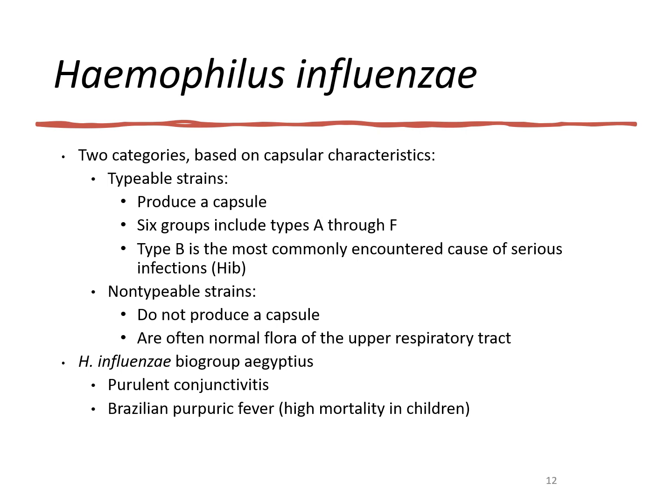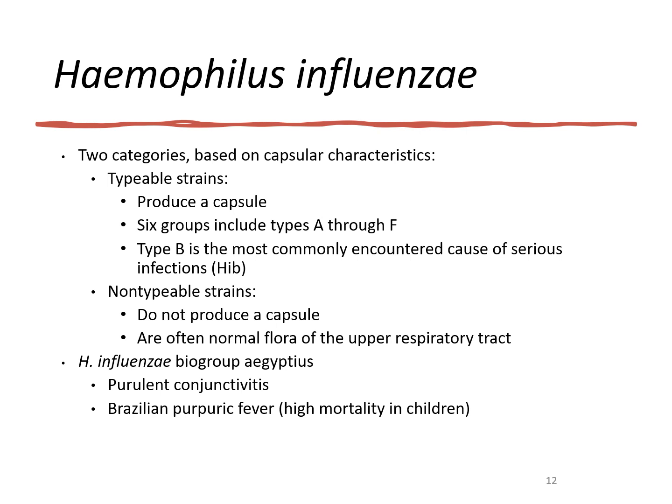Haemophilus influenzae has two categories that are based on the capsule characteristics. You have typable strains that produce capsules, and there are 6 groups, A through F. Type B Haemophilus influenzae is one of the most commonly encountered serious infections of this organism, and this is where we get the Hib vaccine, the Haemophilus influenzae B vaccine.